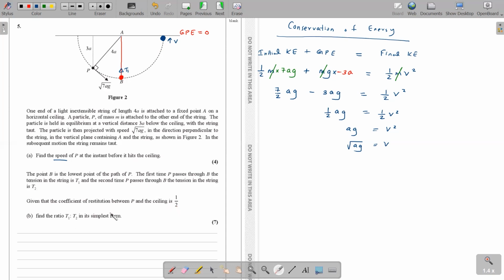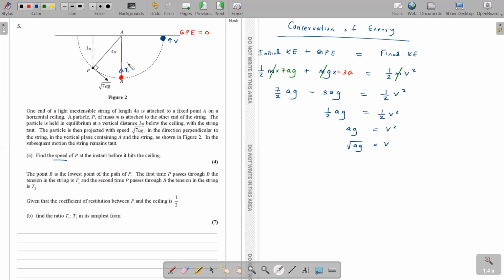So what you need to do first is this. The first thing we can do here is find the speed that you pass through B and find the tension T1, because that is before you hit the ceiling. After hitting the ceiling, we will consider that mechanism separately.